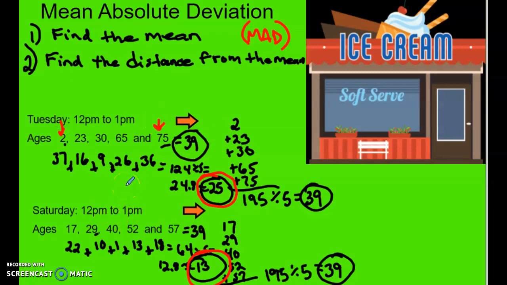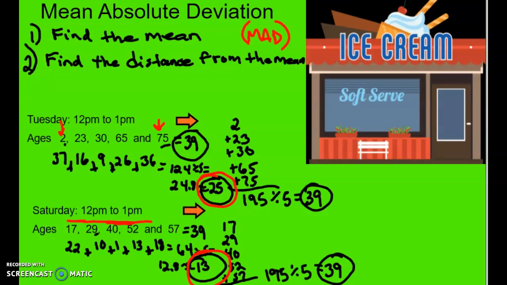So there was a bigger range of age groups that came into the ice cream shop. Whereas on Saturday, they were mainly closer to the center, and there wasn't a big variation. So these numbers actually mean that variation. There wasn't as big of a variation on Saturday as there was on Tuesday. And for whatever reason, he's going to use that information.